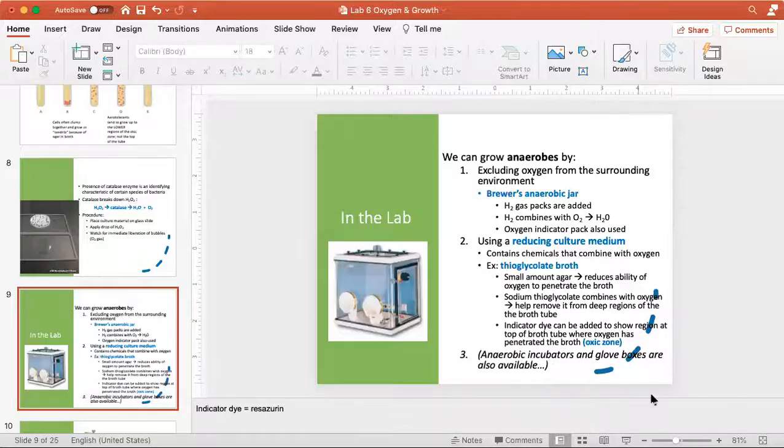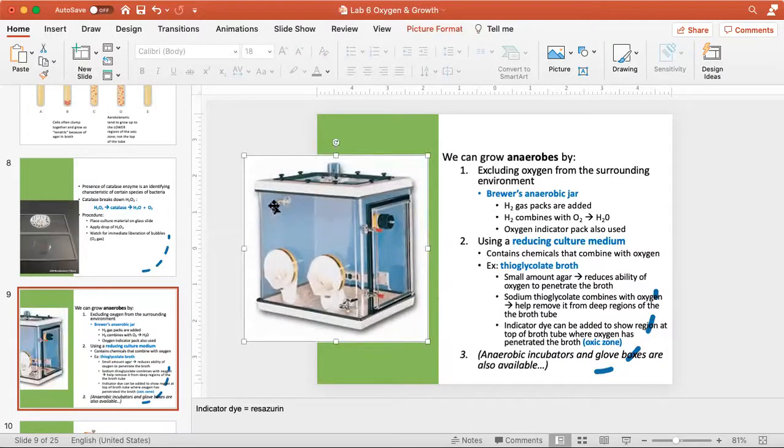There is one other device you should just be familiar with anyway, and that's this over here in the picture. This is called a glove box. You can buy glove boxes and create a larger environment without any oxygen in it. You can see there's a little adapter here. You attach some tubing to this and you can remove oxygen from this box.